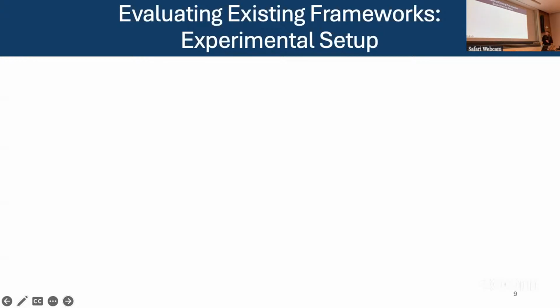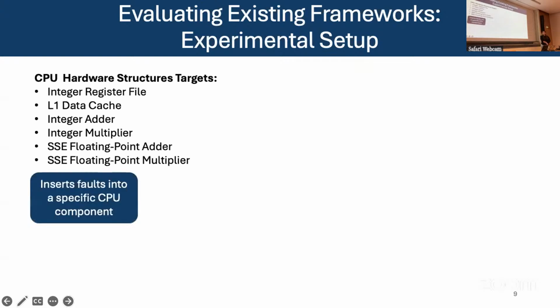And now, as for evaluation, what's the experimental setup? First, we are going to insert faults into a specific CPU component. Here, we are going to target 6 different CPU hardware structures: integer register file, L1 data cache, integer adder, integer multiplier, SSE floating point adder, and SSE floating point multiplier.